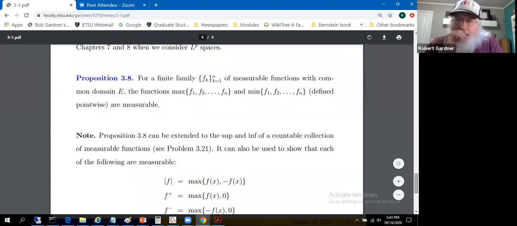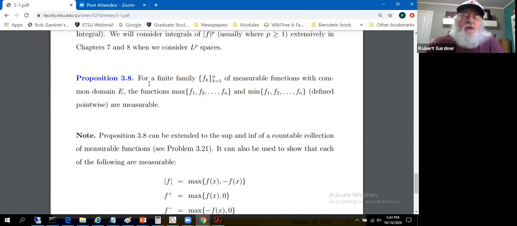So, last little result, and we'll get a bit of mileage out of this. We're really foreshadowing how we'll use these measurable functions down the road. It says, for a finite family f sub k, k equals 1 to n, a finite collection of measurable functions with a common domain E, the two functions defined as the pointwise maximum of f1 through f sub n, and the minimum of f1 through f sub n, defined pointwise, are both measurable functions.